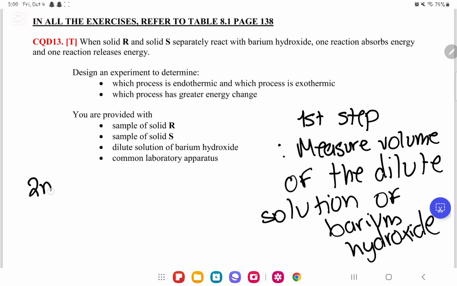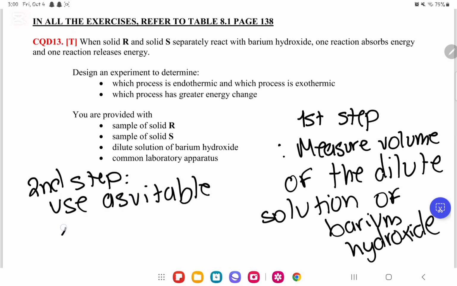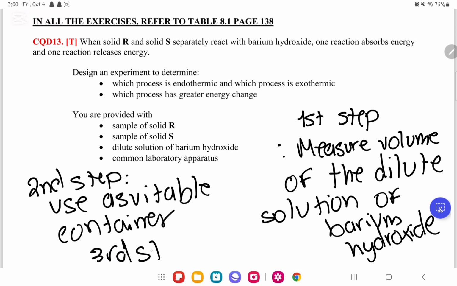Then the second step is to use a suitable container, okay? Then our third step is, because it is an aqueous solution, because dilute solution, any solution is aqueous. Aqueous means it is in water.